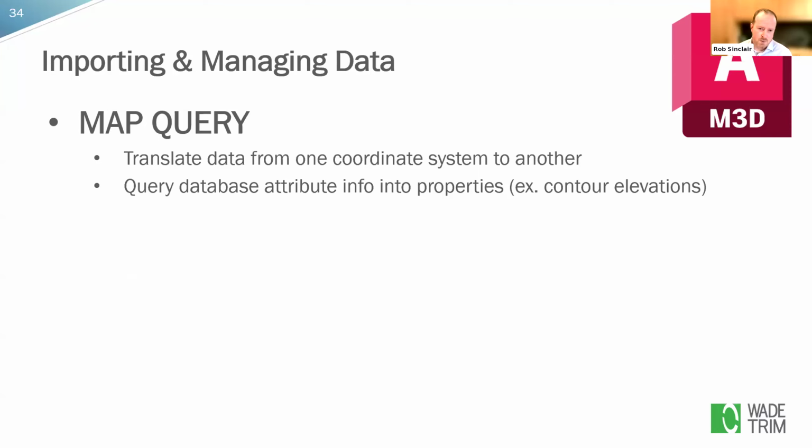It doesn't work really well for Civil 3D data, but the object data that creates the Civil 3D data, it works fine for. So just keep that in mind if you're trying to translate a Civil 3D drawing. You might have to move the underlying data and then rebuild whatever it is that you're trying to build, corridor, surface, anything like that.